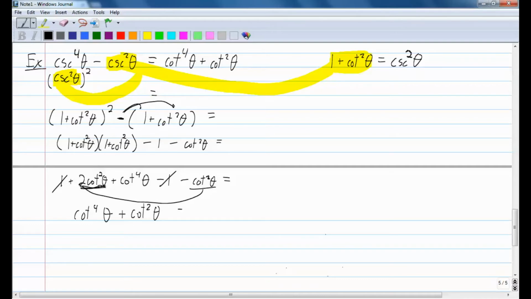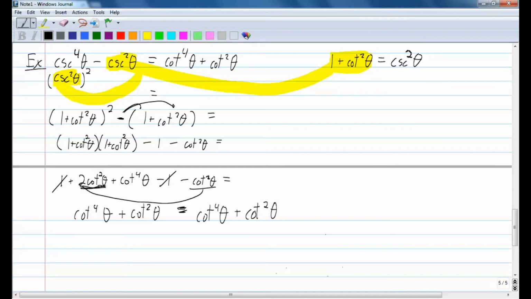The good thing about identities, I mean there's a lot of bad things about identities because they are a little confusing here and there. But the good thing is you have a direction. You know where the problem wants you to go because you want to get to cotangent to the fourth theta plus cotangent squared theta. So on this problem right here, you see how I was working it out and then I made a mistake and then things started canceling out and I wasn't getting what was on the right side?